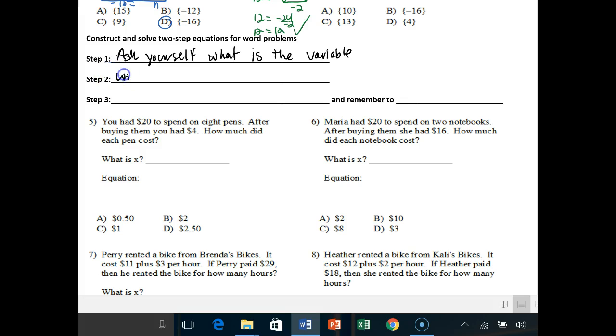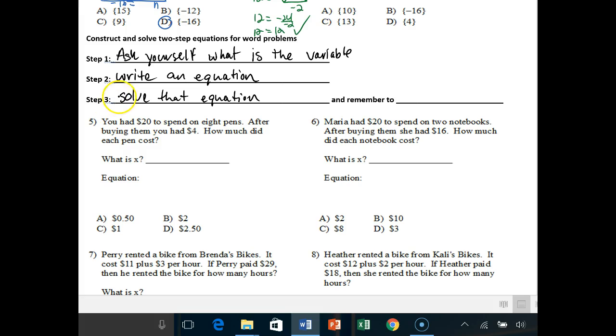Step 2 is going to be to write an equation around what you think x is. And then step 3 is going to be to solve that. So very straightforward. I will do one quick problem to end off part 1 and number 5, and you will do number 6, and then we'll go to the part 2 video.